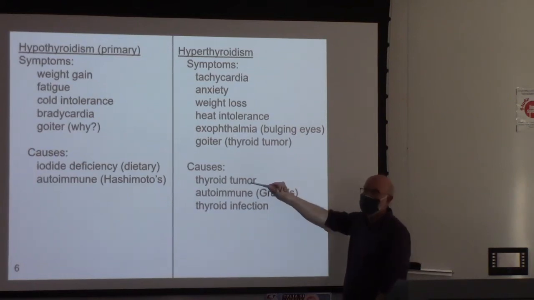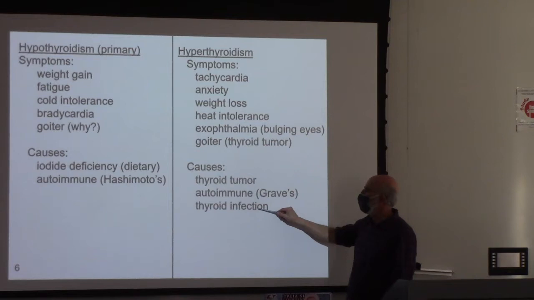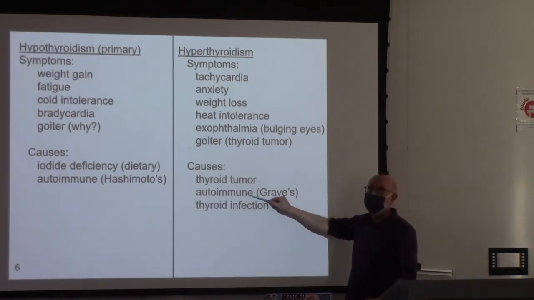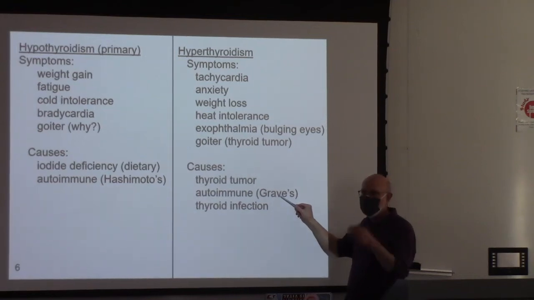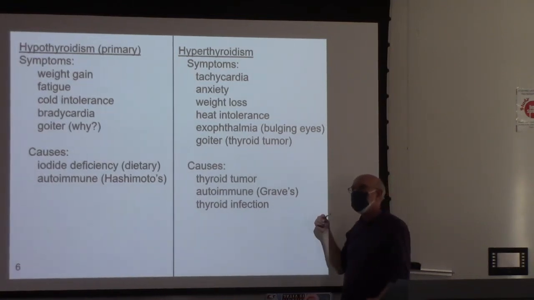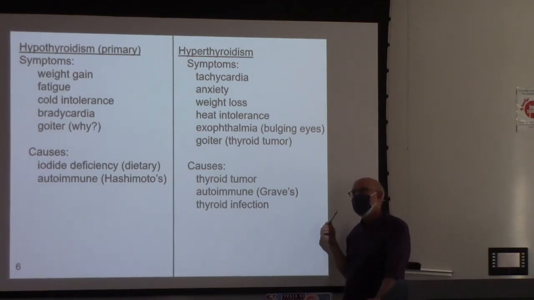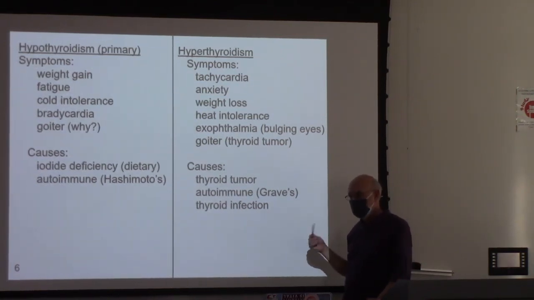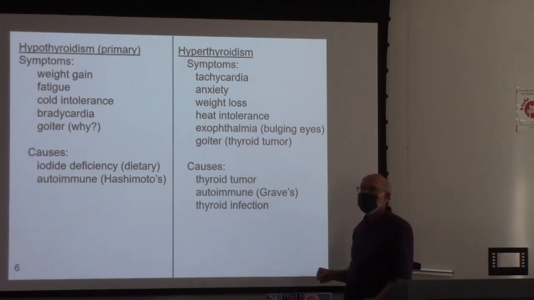And so you can get it from a tumor of the thyroid, artificial stimulation of the thyroid by infection, artificial stimulation of the thyroid by antibodies. So Graves' disease, an interesting disease, is an autoimmune production of antibodies that stimulate the TSH receptor.